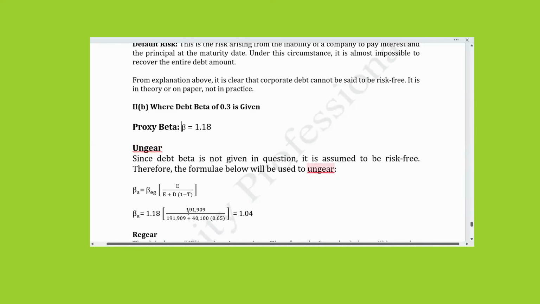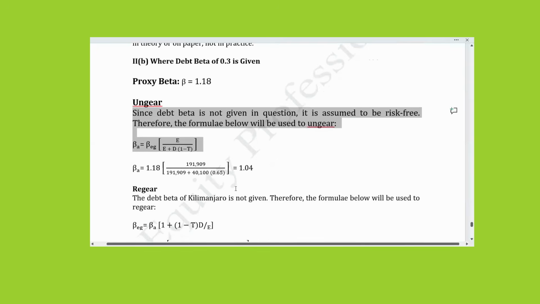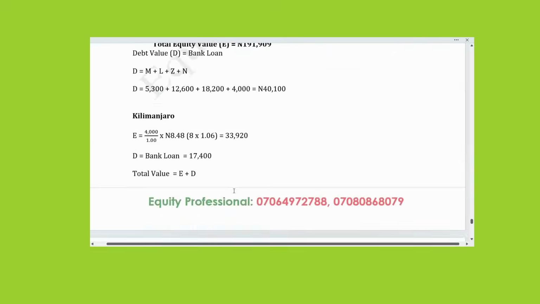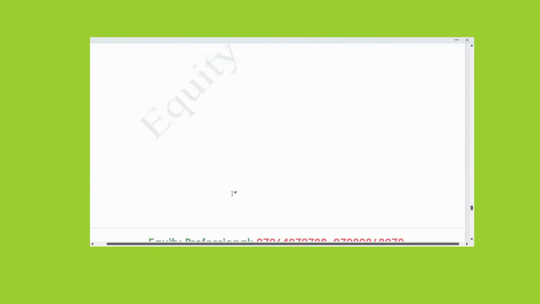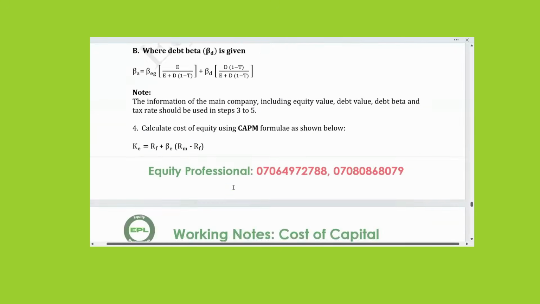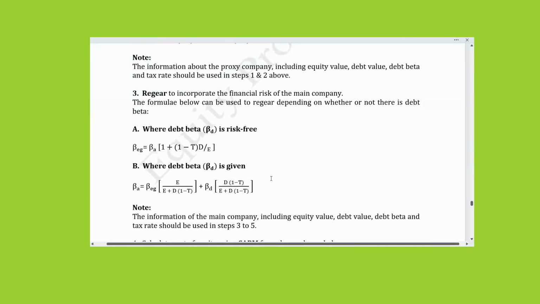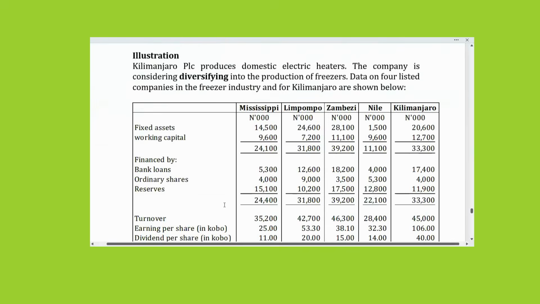Then we need to ungear, and then regear. To regear, because we are given a debt beta of 0.3, you are going to use the formula that includes the debt beta. All right. So that's what we are going to use.